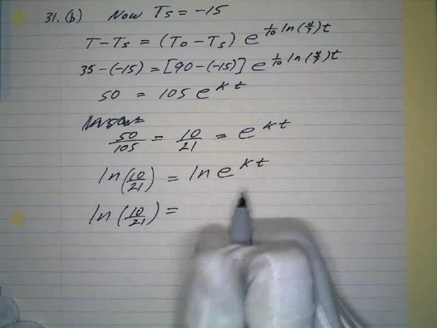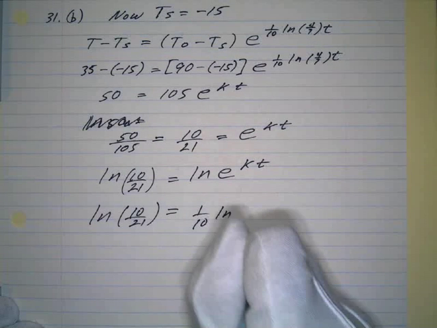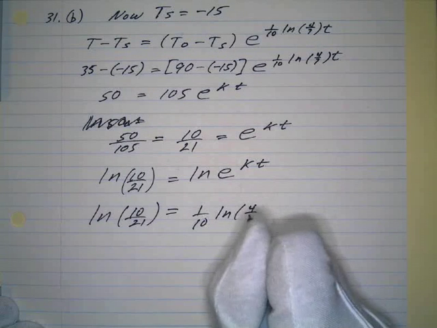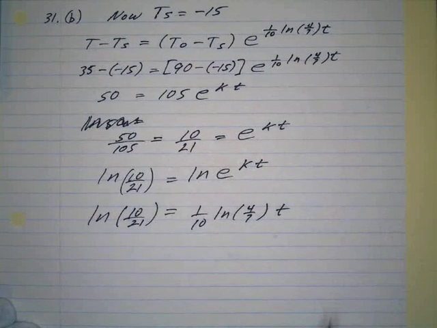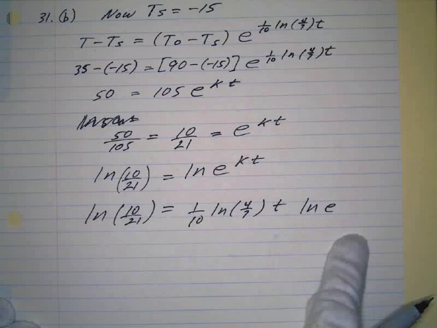Now I'll put back my k. My k is going to be 1 over 10, the natural log of 4 over 7 t, all right, times the natural log of e, and that's just 1, so that drops out.